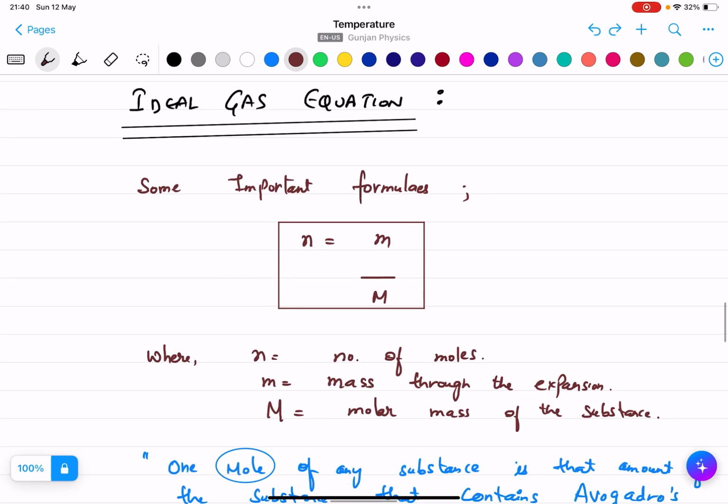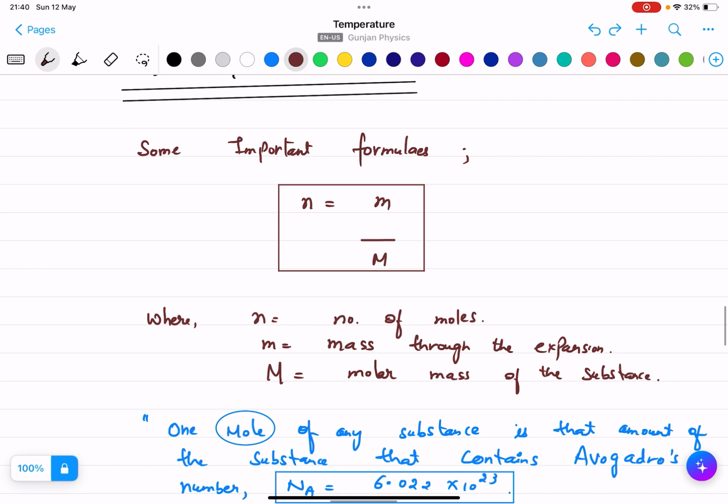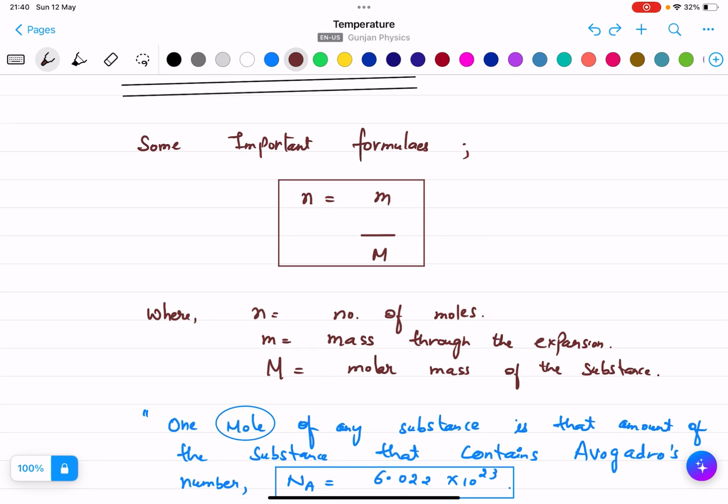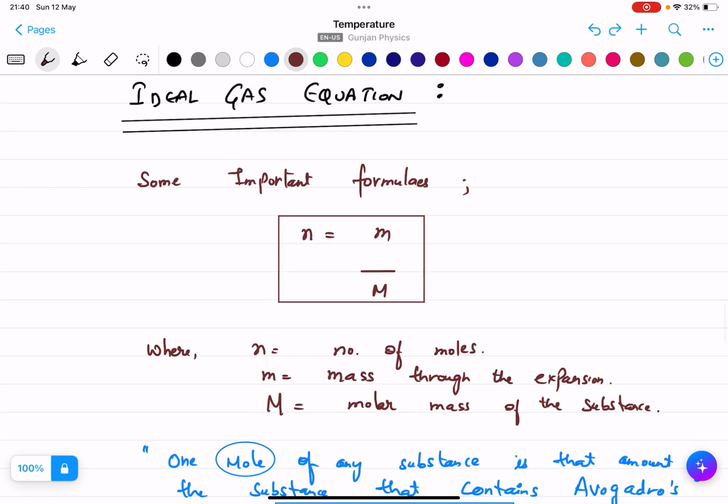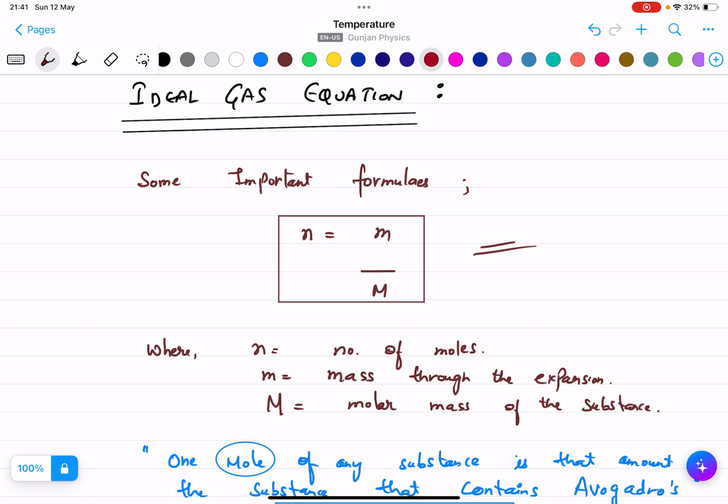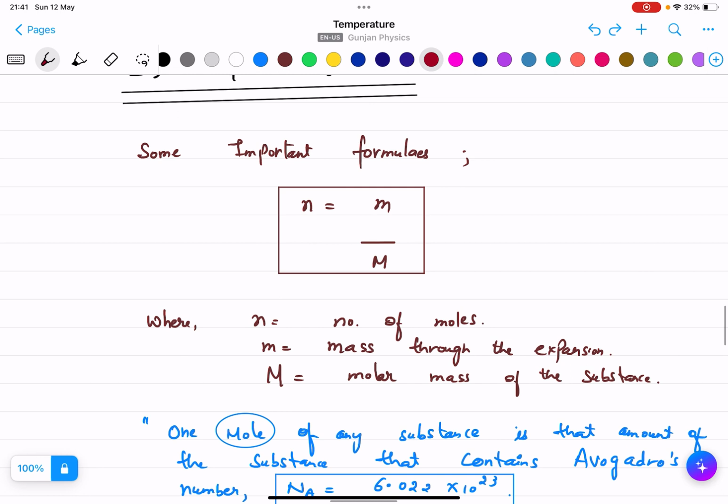Now there is another important equation, the ideal gas equation. There are some formulas you need to remember. n equals m over capital M, where n is the number of moles, small m is the mass of the substance, and capital M is the molar mass of the substance.